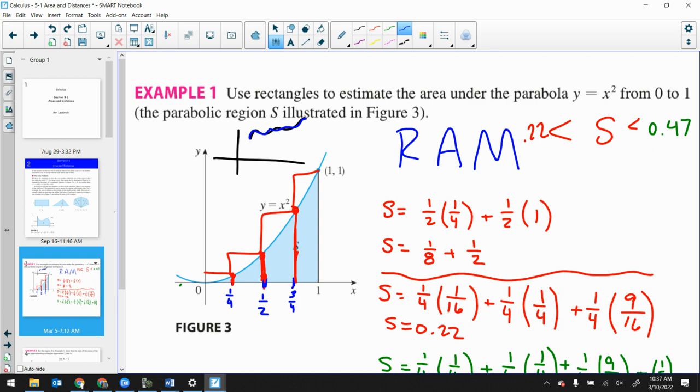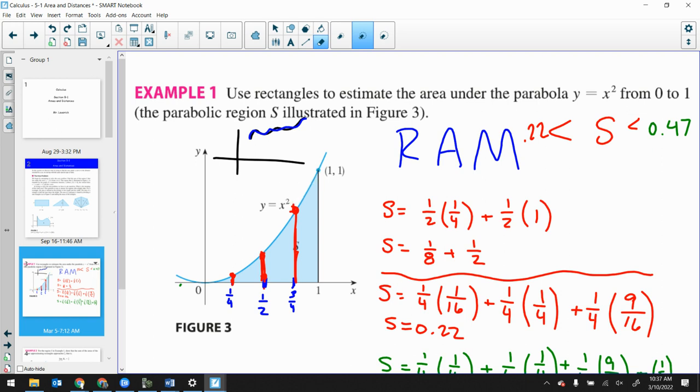Now, would it be safe to assume that I just calculate over and under and cut it in half, find the average of the two? I mean, I guess I could do that. Think about that. What would we be doing if we just found the average of every over and under approximation?